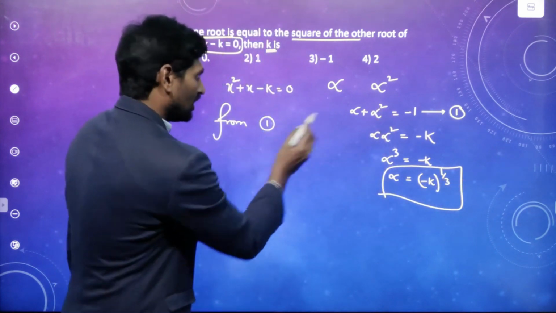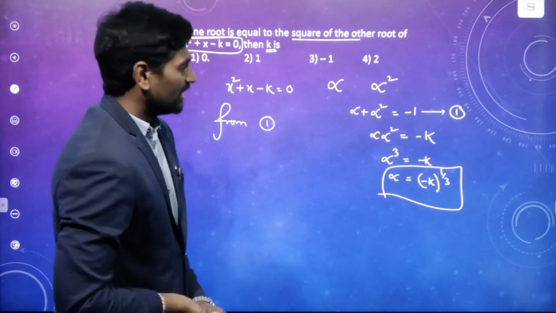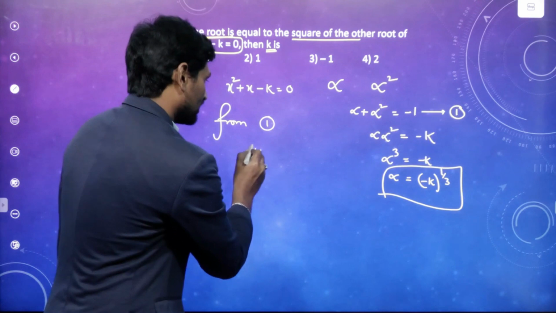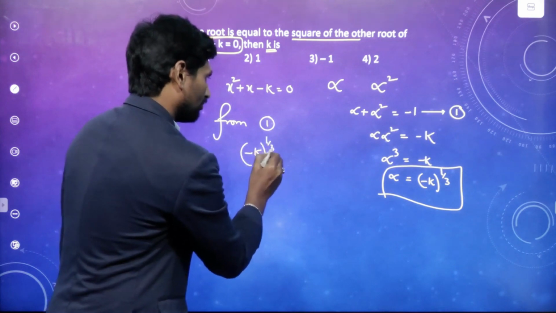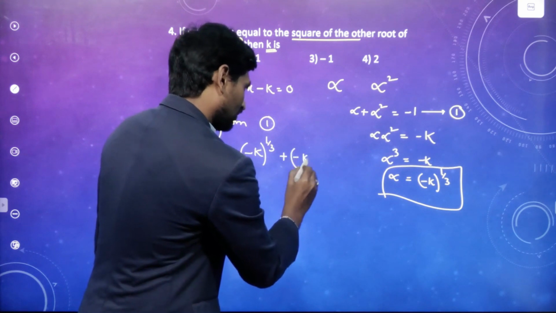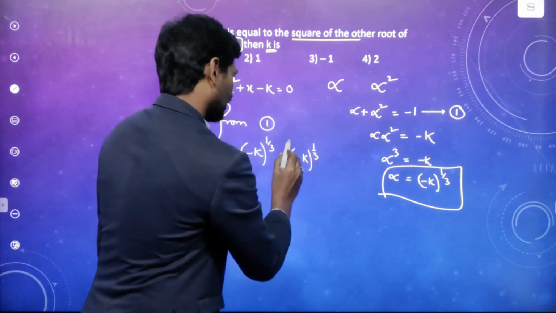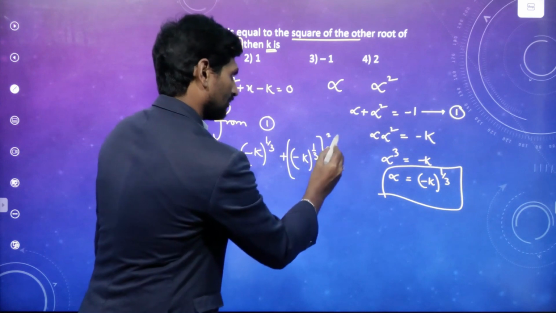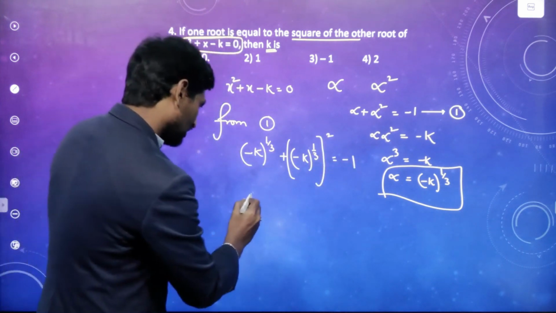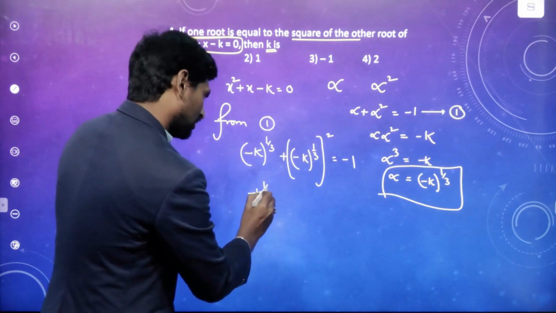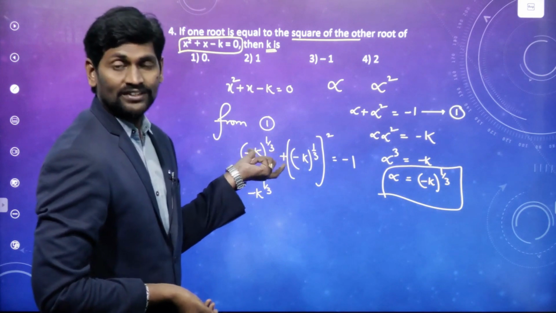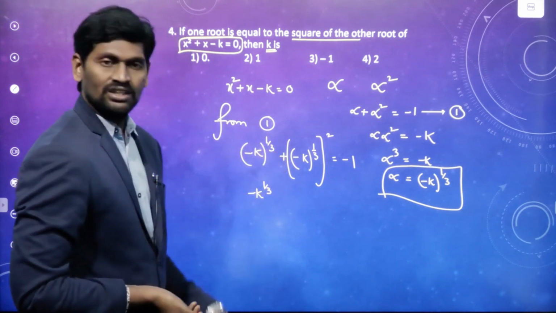What is equation 1? Alpha plus alpha square equals minus 1. Substitute the alpha value: minus k power 1 by 3, plus minus k power 1 by 3 whole square, that is equals to minus 1. Now simplify this. Minus k power 1 by 3 stays minus, because the power is odd, so the minus continues.